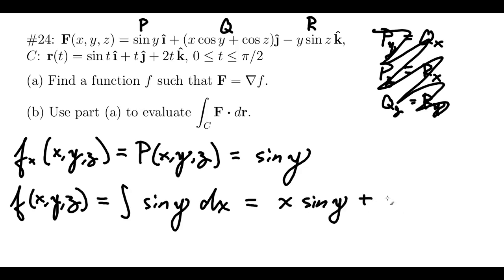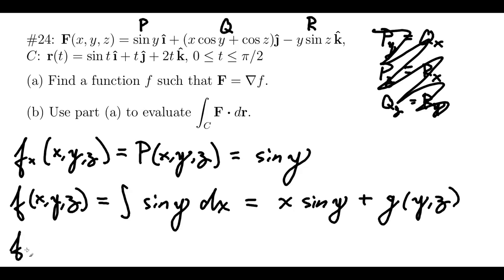And we need to add some constant. But as I talked about in the previous video with the simpler case, this is a partial integral with respect to x. Any function of y or z is constant with respect to x. So let's say that the function we add is some function g that depends only on y and z, not x. Okay. So here is the beginning of a template for our function small f.